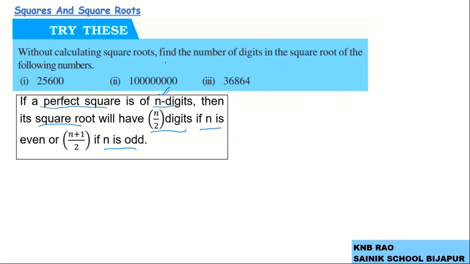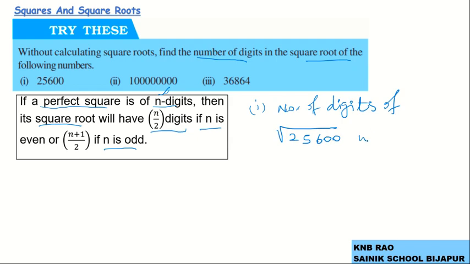Now here, without calculating, they are asking us to say the number of digits in the square root of the following numbers. In question number 1, the number of digits in the square root of 25,600 will be, since here n is 5, the number of digits in this number is 5.